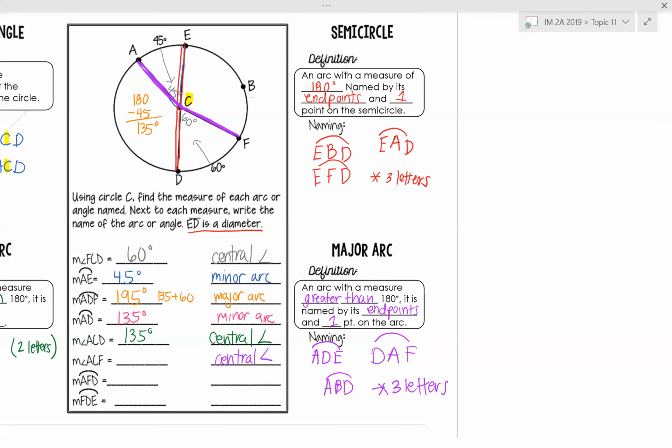But the same way that we found that wedge from A to D, we can find the measure of the wedge from E to F because that red line, again, is our diameter. So that's 180 degrees. If I know that this smaller wedge is 60, then I can do 180 minus 60. And so that means that this piece is going to be 120 degrees.